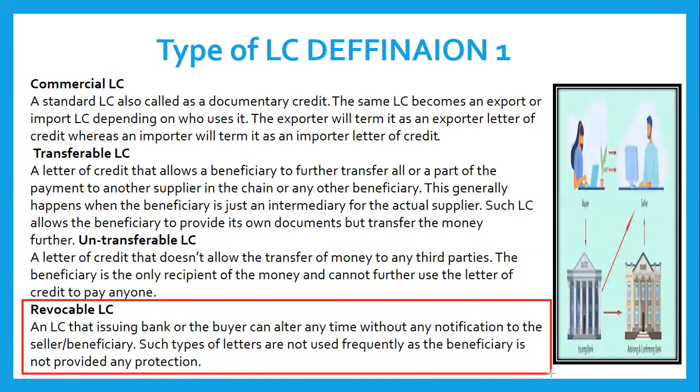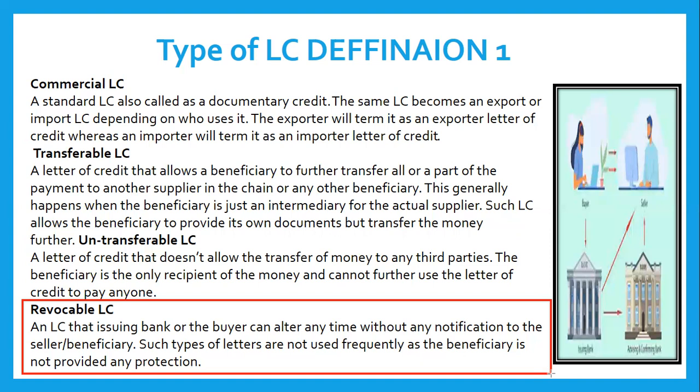Such a type of letter of credit is not used frequently, as it does not provide any protection to the beneficiary. So a revocable LC is not good for the supplier. The issuing bank can change terms and conditions any time without informing the supplier.